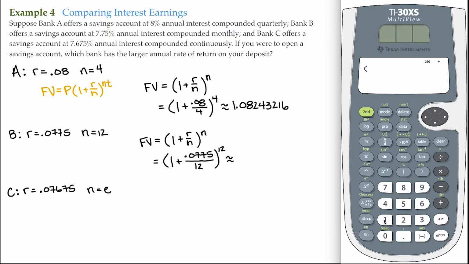On our calculator, 1 plus 0.0775 divided by 12 and raise it to the 12th power. That's approximately 1.080313.